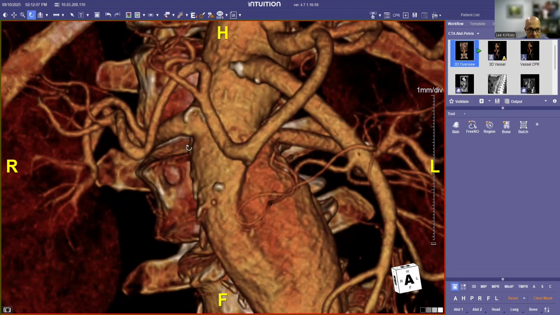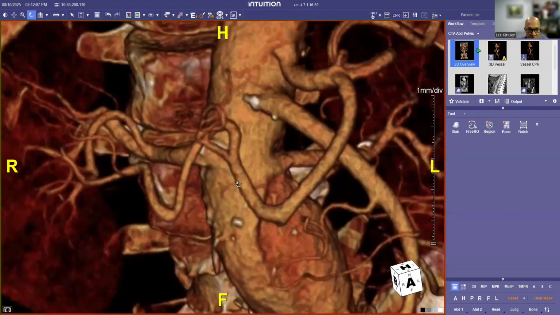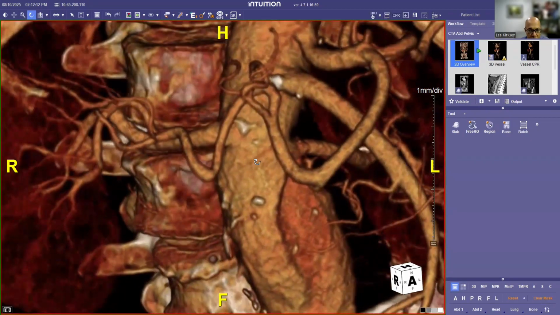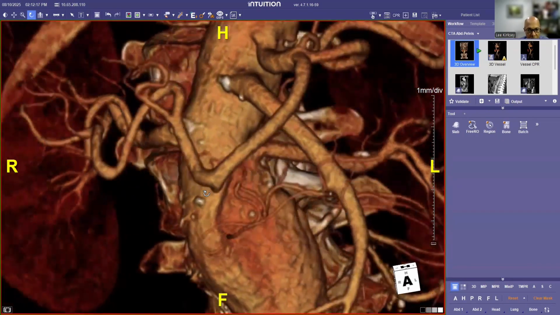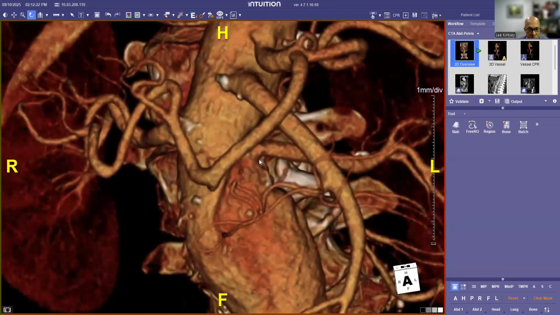This particular patient that I'm showing you here has what's called a pararenal abdominal aortic aneurysm. There is no distance between the right renal artery, the left renal artery, and the aneurysm, which encroaches upon both of these arteries, making this patient not a good candidate for standard endovascular aortic aneurysm repair, perhaps some investigational or other devices, but not standard endovascular aneurysm repair.